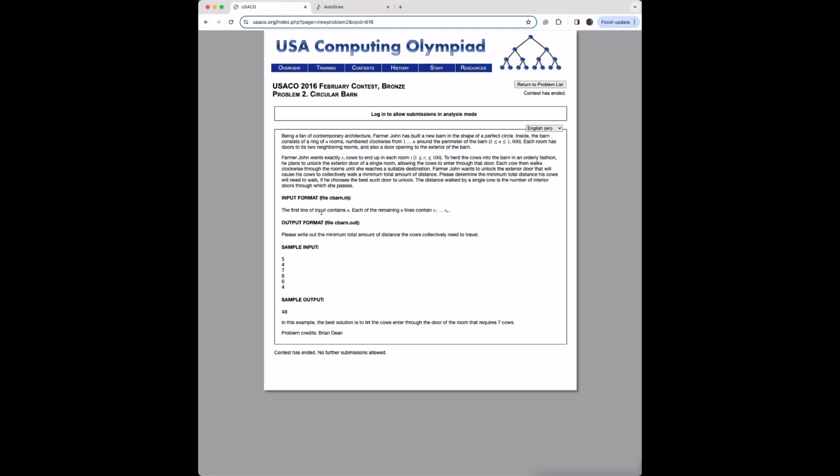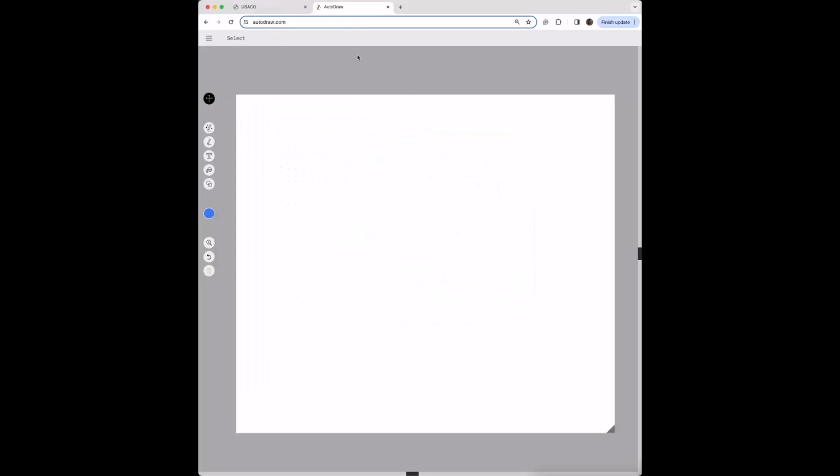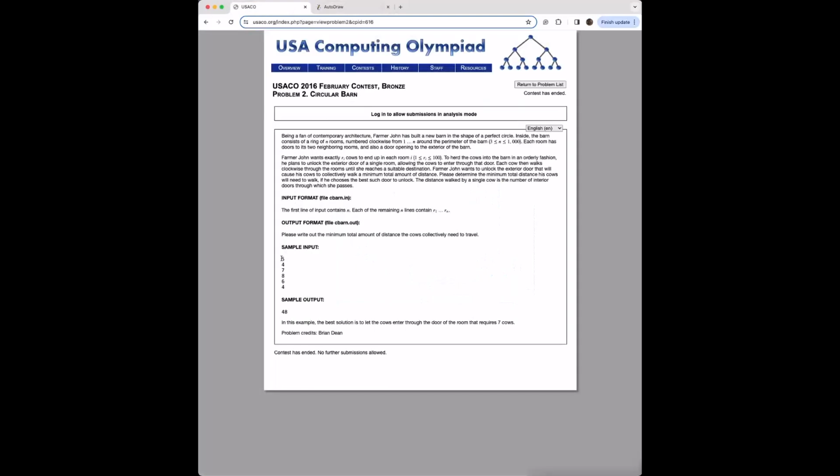So if we look at the input, n is 5, which means that the barn has 5 rooms, and then at the first room, Farmer John wants 4 cows, the second, 7, the third, 8, the fourth, 6, and the fifth, 4. And so we want to find the minimum total distance walked by all the cows combined.